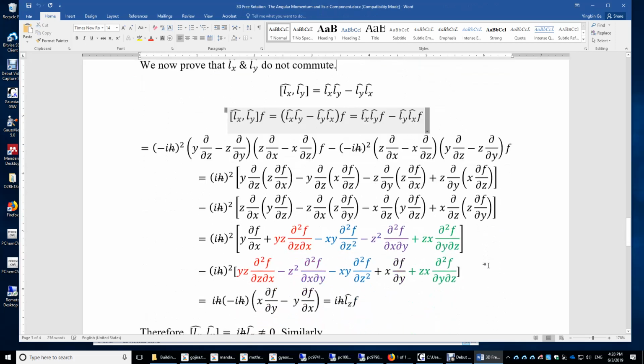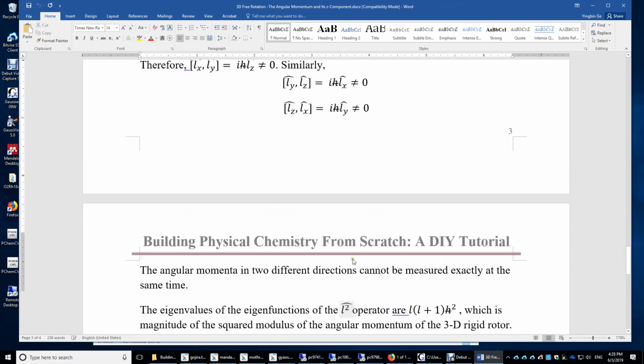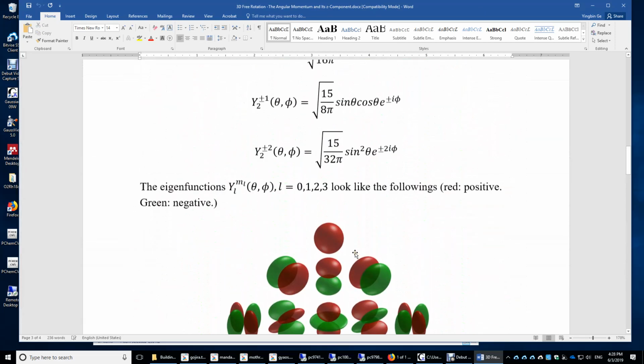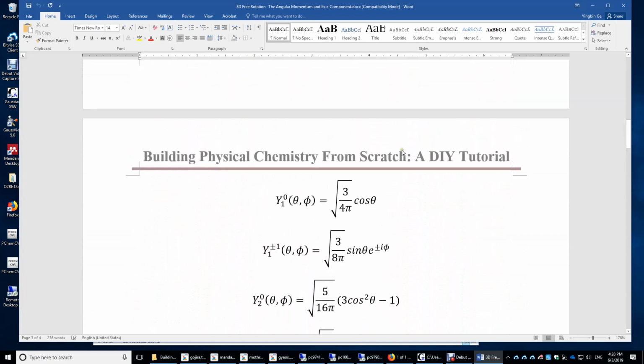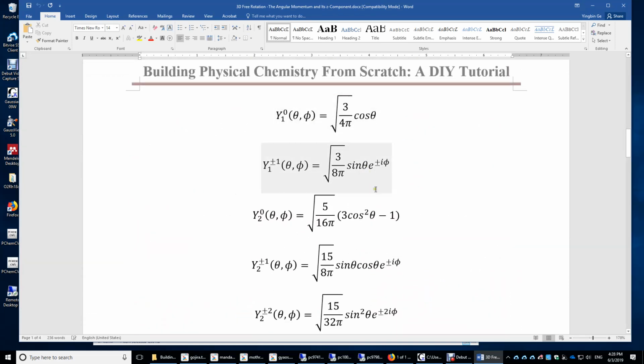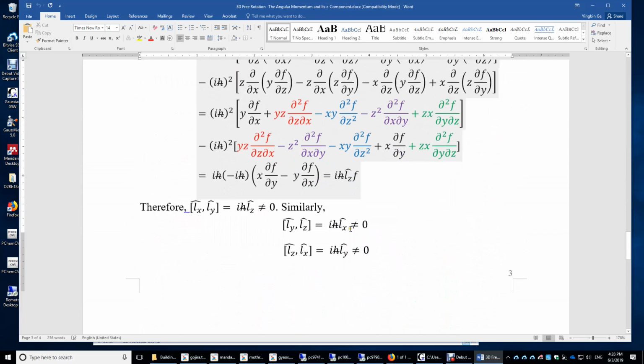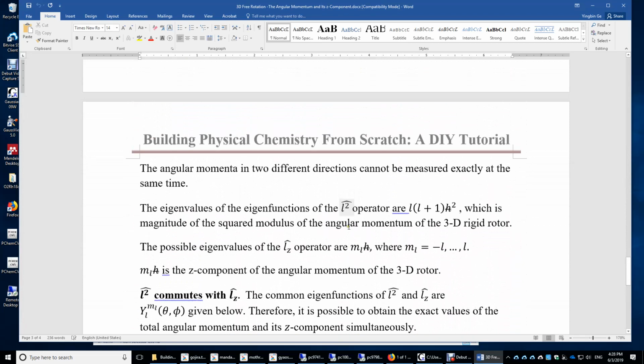All right. So if we do that and apply this L squared operator to the eigenfunctions, so over here I showed you all the eigenfunctions all the way from here, the s orbital, the p orbitals, the 5 d orbitals, those are eigenfunctions. So if you apply the L squared operator to those eigenfunctions, the eigenvalue is very simple. It's simply L times (L plus 1) times ħ squared.